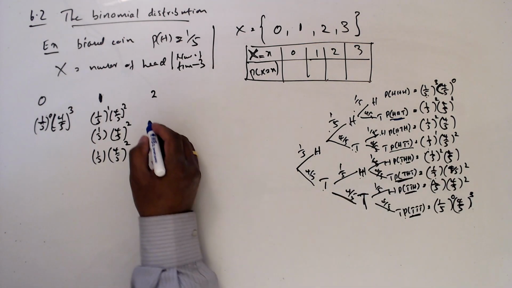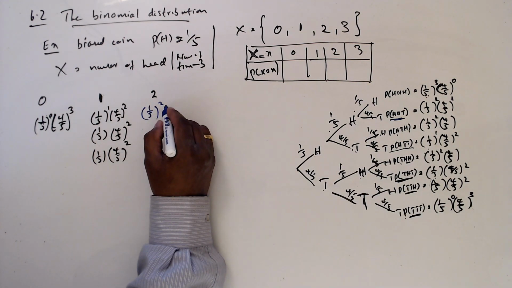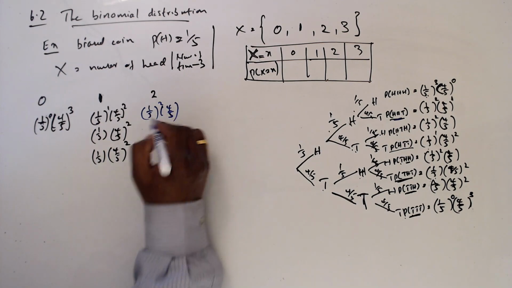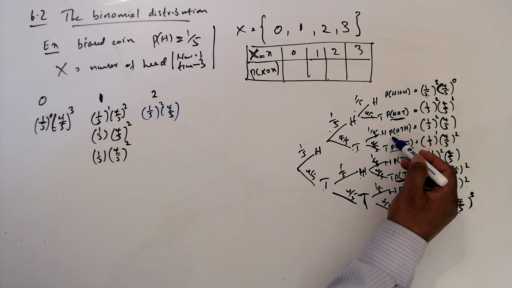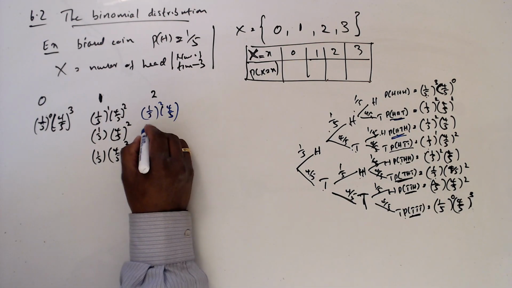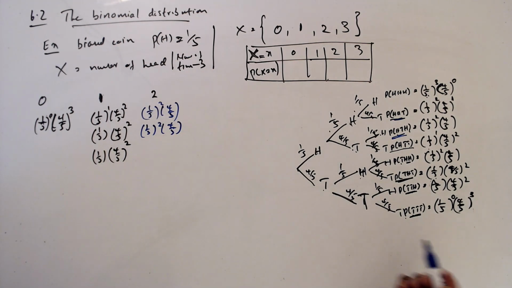PHTT: 1/5 times (4/5) squared. And another one, HTH: 1/5 times (4/5) squared.